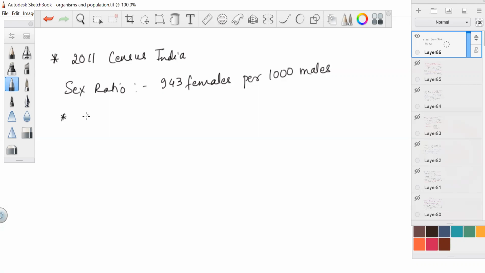So the highest female ratio is seen in Kerala. There are 1084 females per 1000 males.